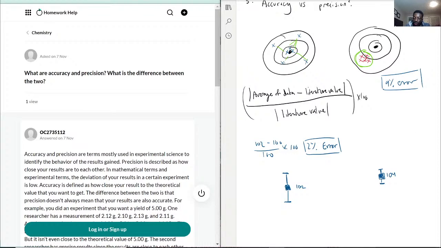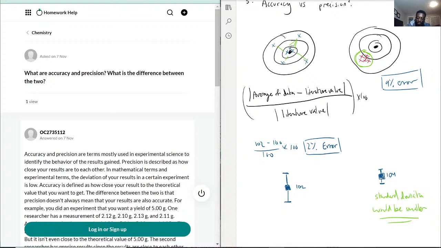Point being, when you use the formula for standard deviation based on the data you assign, you'll notice that the board I drew here would be more precise than this one, because the standard deviation would be smaller.